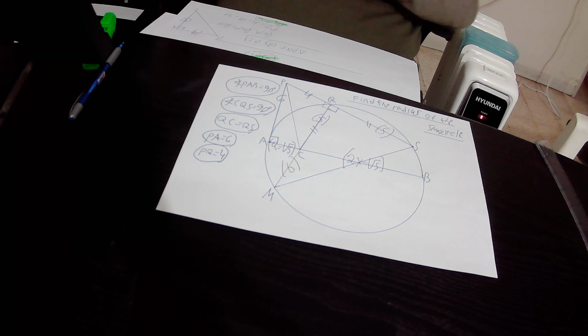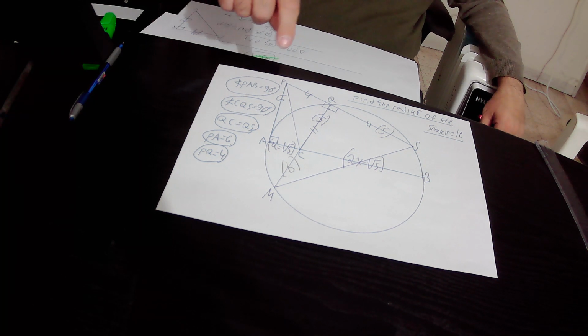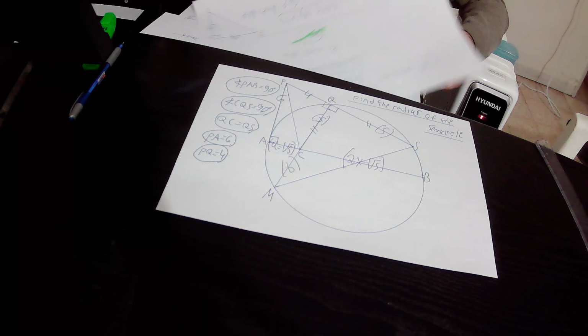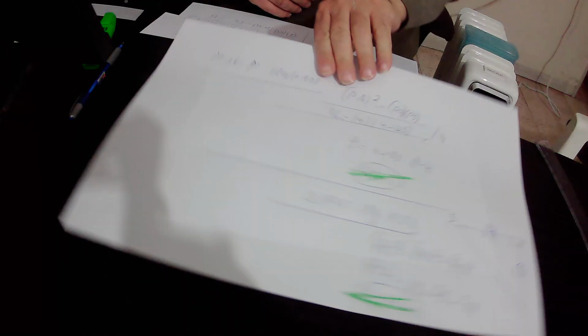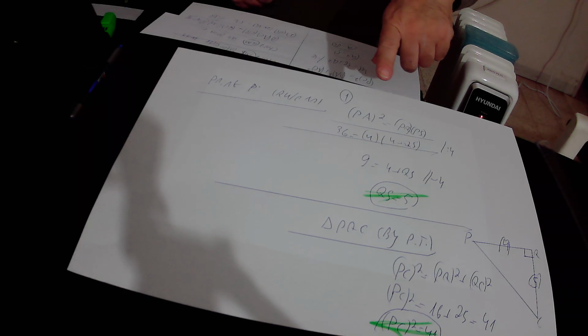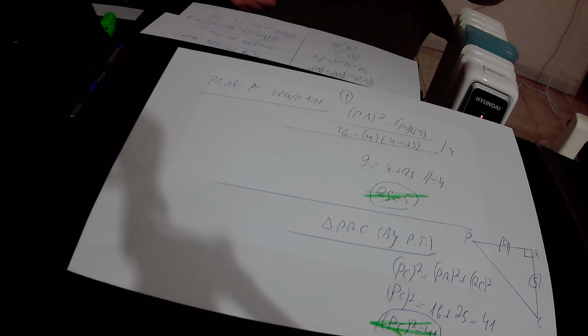According to rule number 10, we get that PA square equals PQ times PS. I'll repeat again. If we focus at point P, according to rule number 10, PA square equals PQ times PS.